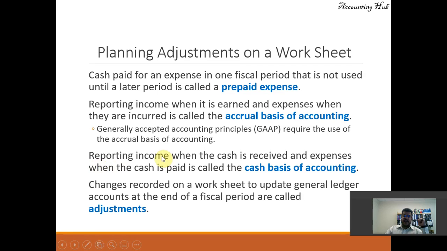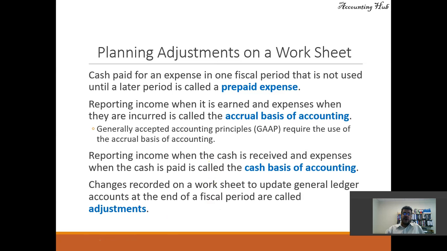And reporting income when the cash is received and expenses when the cash is paid is called cash basis of accounting. We use it in accounting when we are preparing the statement of cash flows. But we will have a video for that too.